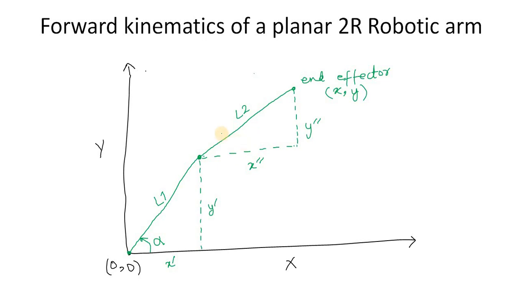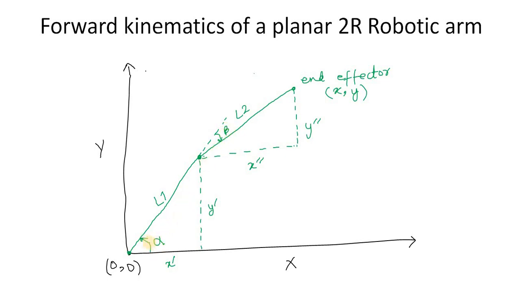Okay, one more thing we need to define: here we know this angle alpha, and here we know this angle beta. So this angle here is beta.